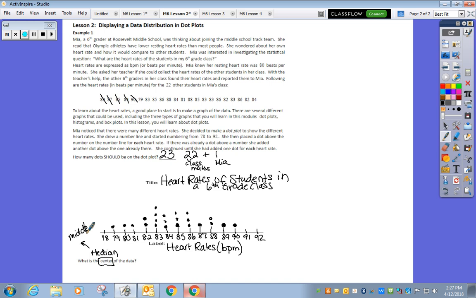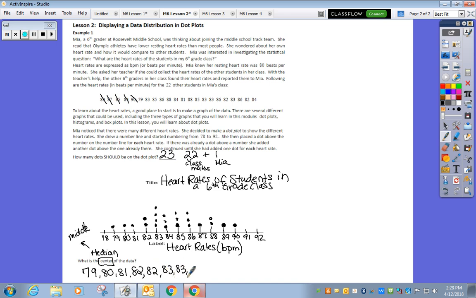In order to find the median, the very first thing that you need to do is write down the numbers in numerical order. So I'm going to put 79, 80, 81. I'm going to put 2 82s, so you have to put all of the numbers.